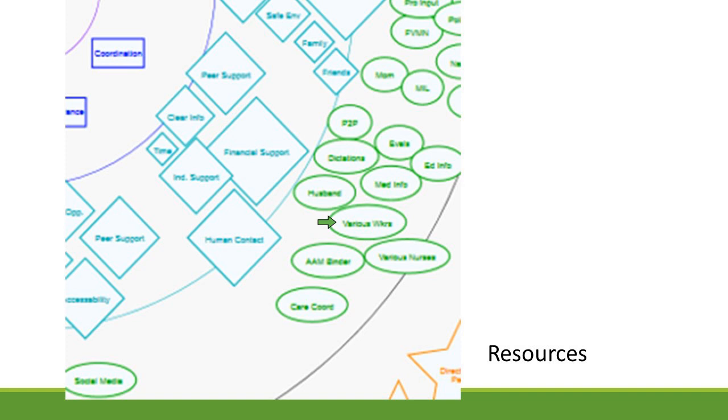So when a nurse will say, if you have any questions, here's my direct line, that number and that little card goes straight into the priority pile because I want to have those numbers handy for me, and they're really helpful. Various workers. Sometimes it's a county worker. Sometimes it's a financial worker. It can be a case manager. But all of those folks can be really helpful resources in coordinating your child's care as well.